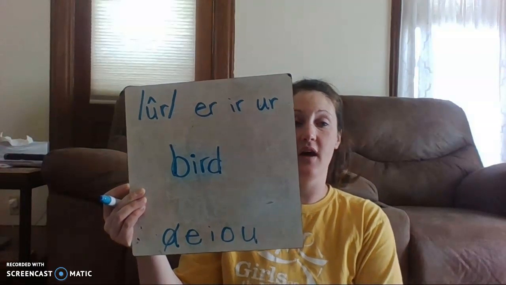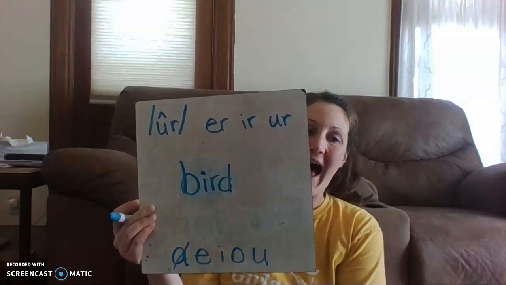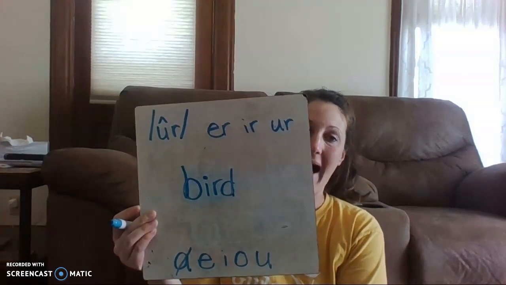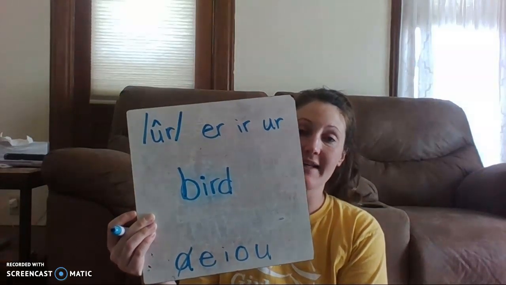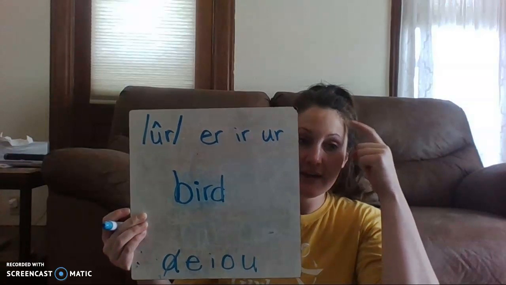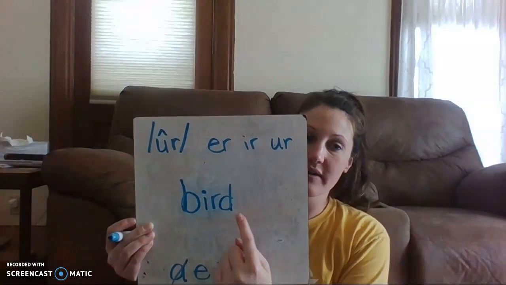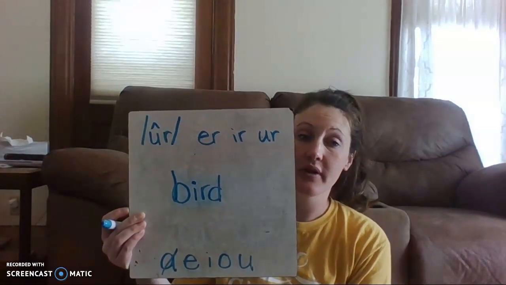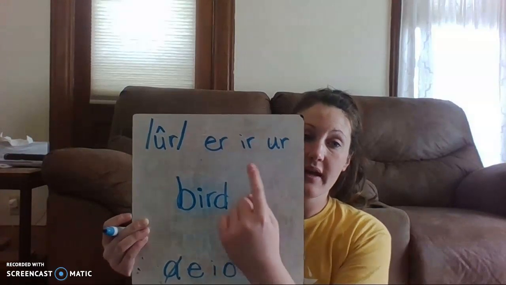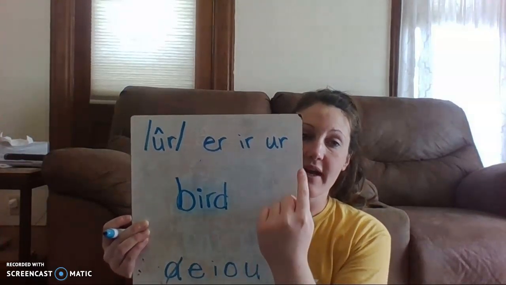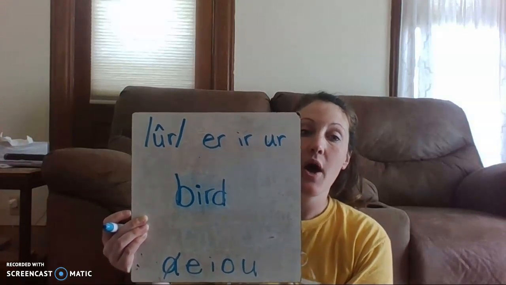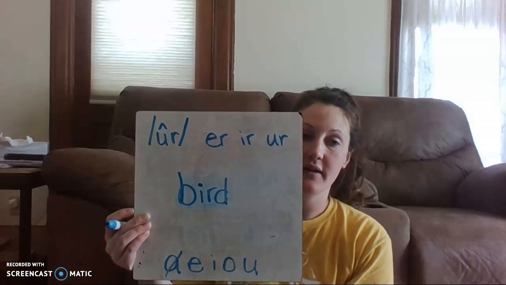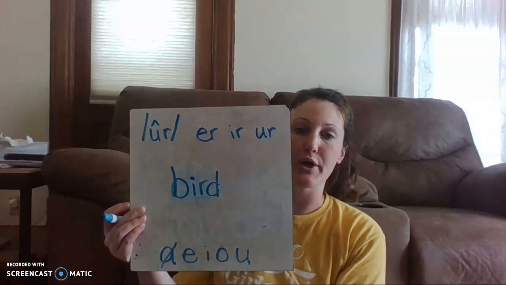We can try a long vowel. B-I-R-D. Byrd. Nope, that's not a word that we know. And so now we should be going ding, ding, ding. There's an R. This is an R-controlled word. Okay, and we know ER, IR, and UR are going to say er. So in bird, we hear b-er-d. This word is bird. Okay.